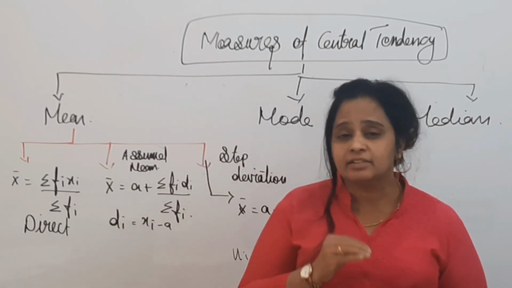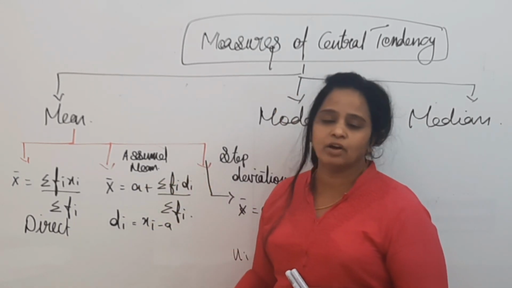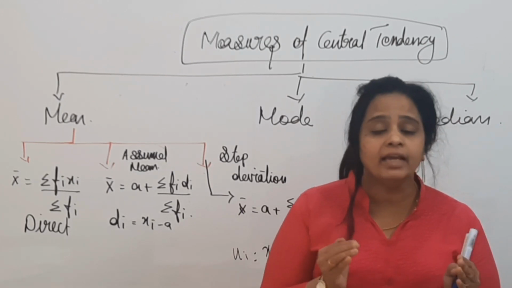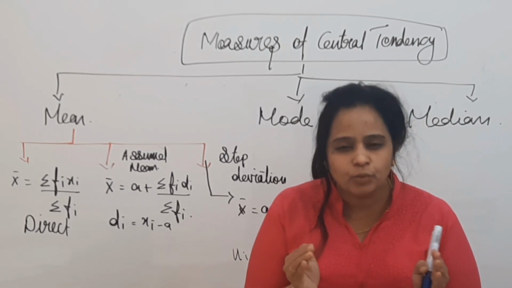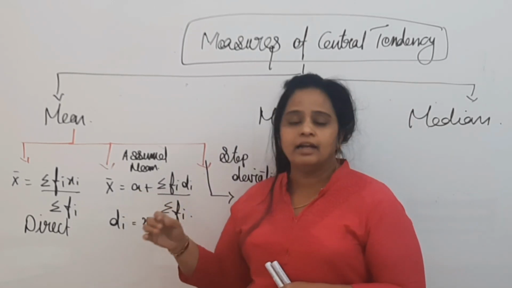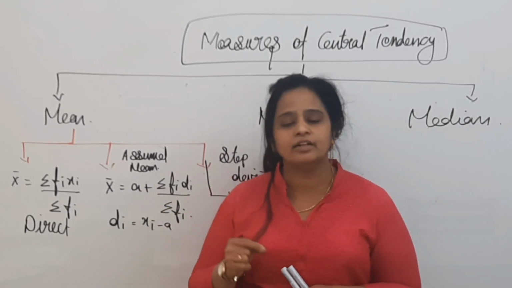If the class interval is a 3-digit number, then it is easy to get your mean using the assumed mean method. So we make that 3-digit number into a smaller number. This is like 100 to 200, 200 to 300, 300 to 400.